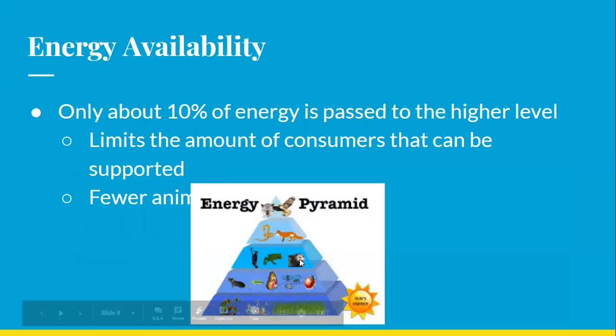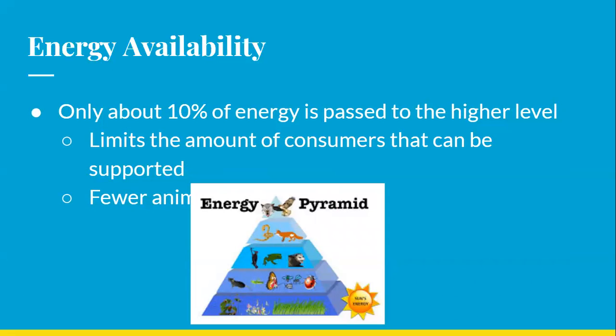So this 10% energy loss limits the amount of consumers that can be supported. That is why these consumers have to be eating a lot of the bottom levels to keep their energy up. As you can see in this figure, only about 10% of the energy at one level of a food web is available to the next higher level.